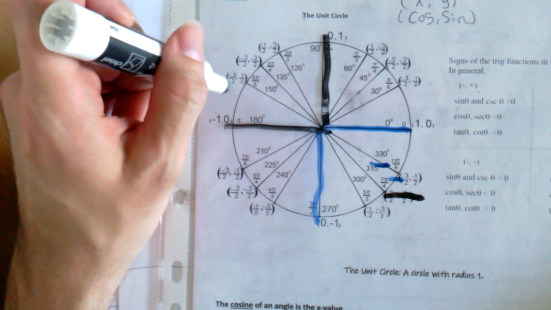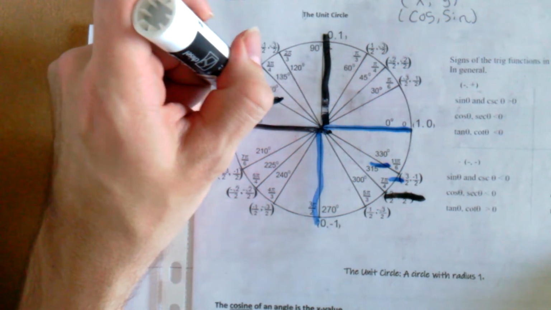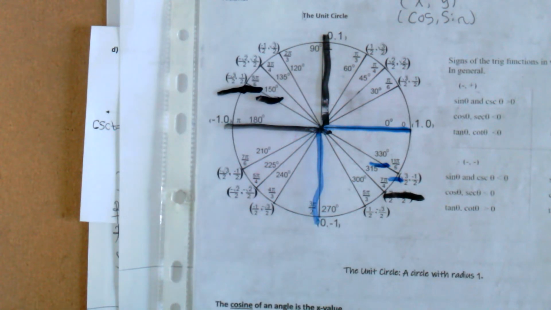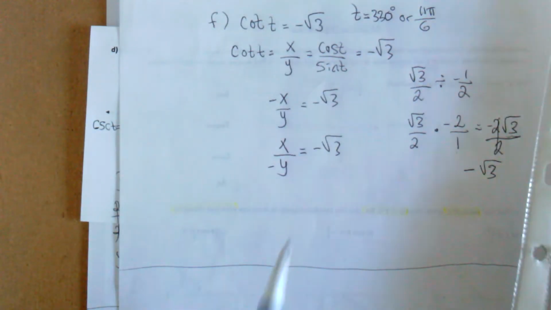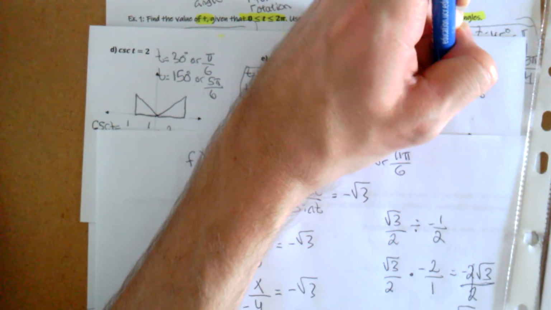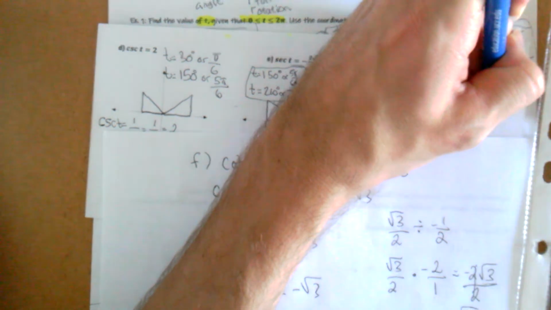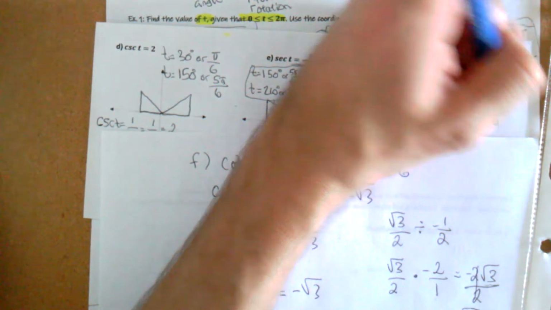And that should give us negative square root of 3. So that's at 150 degrees, or 5 pi over 6 radians. So t, I'll just go ahead and write right here, can be 150 degrees, or 5 pi over 6 radians.